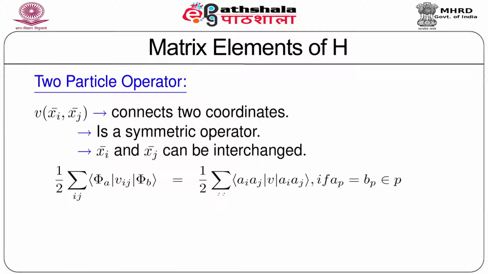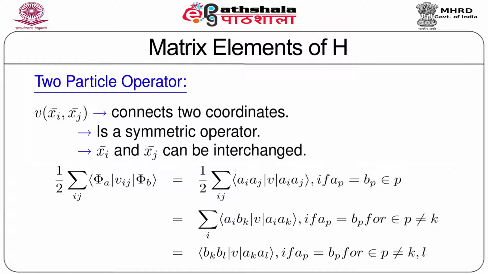Calculating the matrix element in the same spirit as we have done for the single particle operator, we find that it is given by half summation over ij of AI AJ V AI AJ if AP is equal to BP for all values of P.